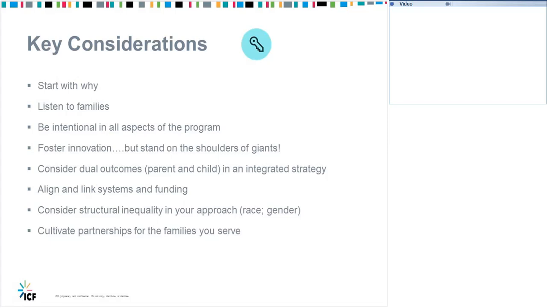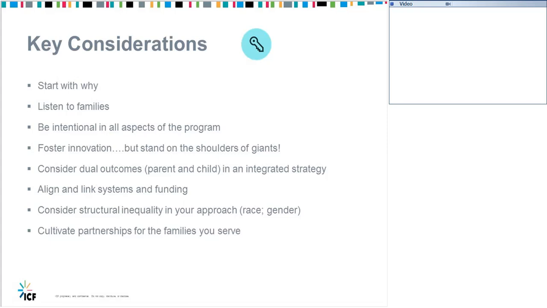And the only other one of these I'm going to highlight for you, again, in the interest of time, is to really think about dual outcomes for parents and children, including opportunity youth in the context of children, because while they would, in many cases, reject that term, there's a lot of neurosimilarity between those populations.